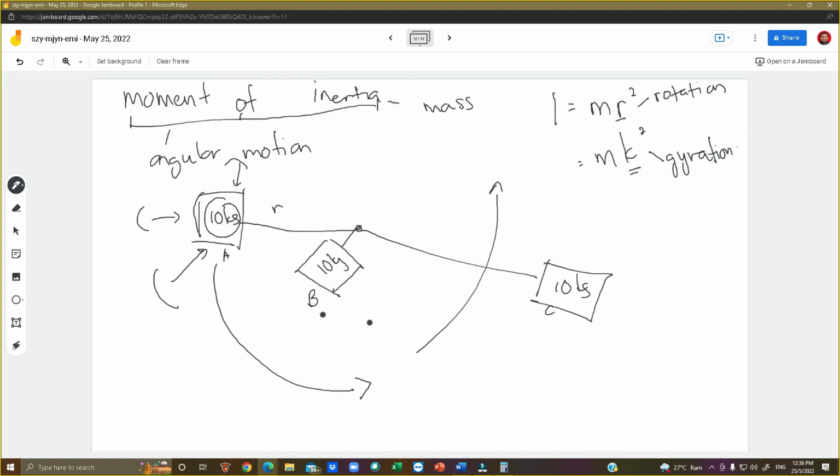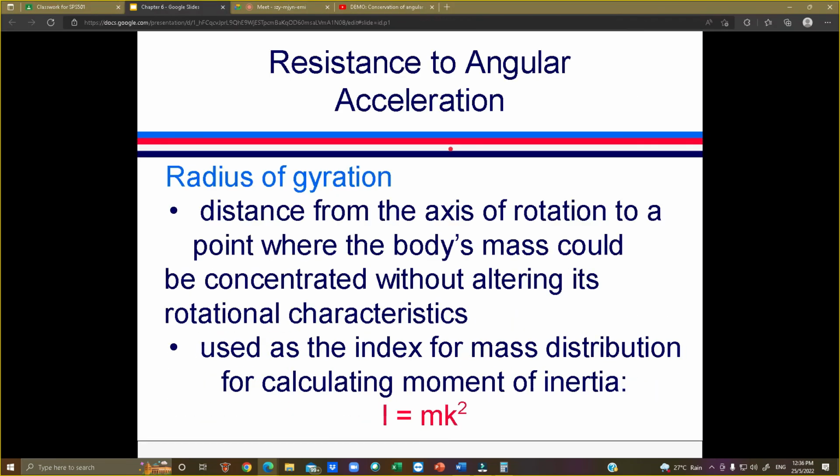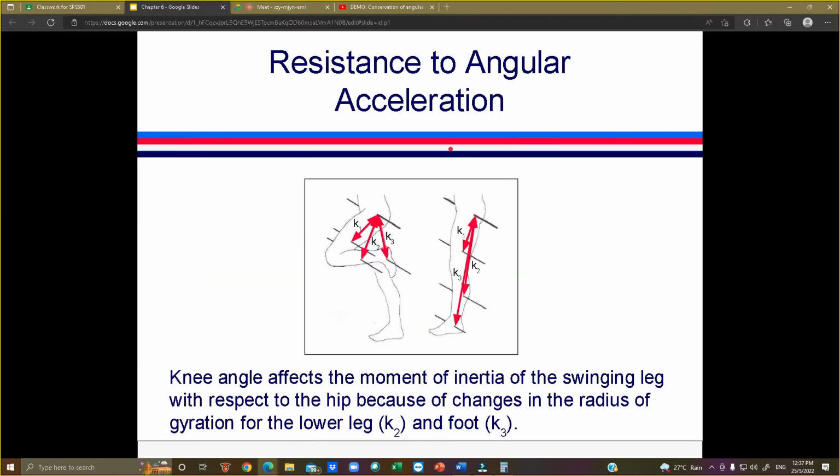To understand these two first, when we talk about radius of rotation, it is fixed. It does not change. However, in human, most of the time, our movement changes. The shape of the peripheral changes.